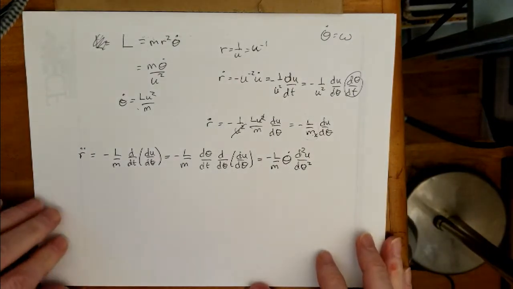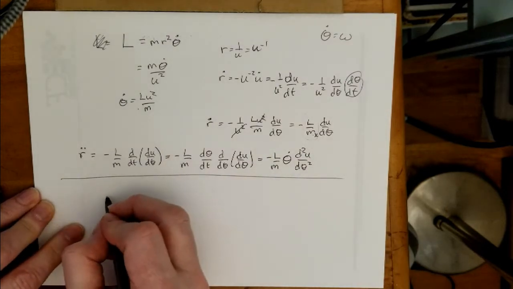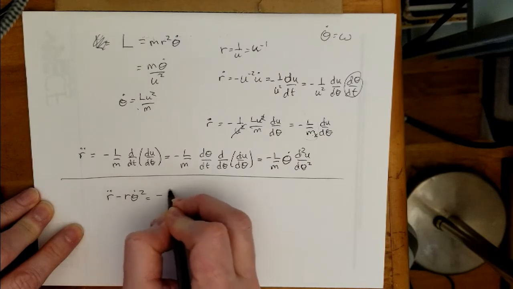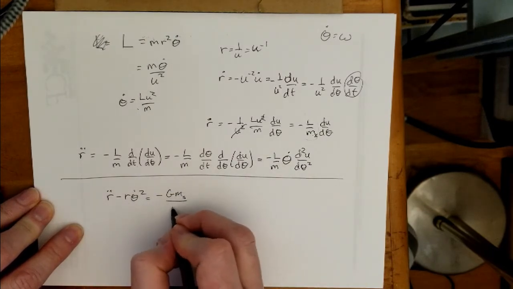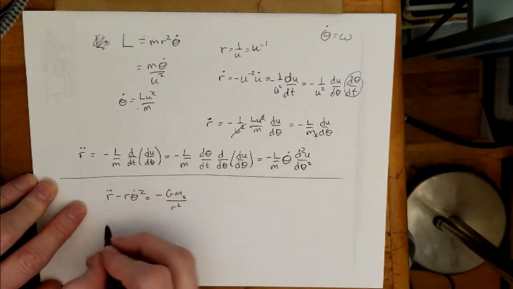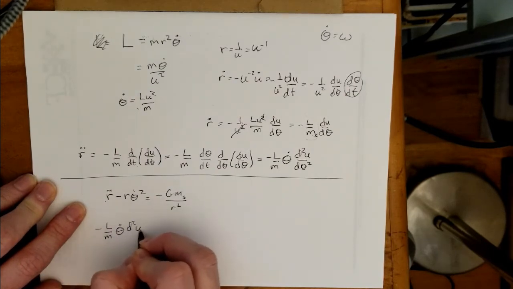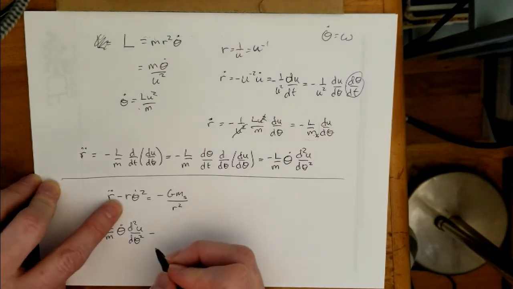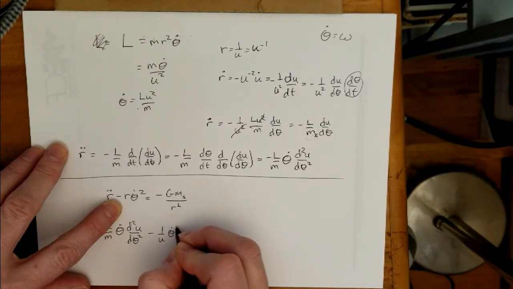So now, let's go back to the equation of motion. We have r double dot minus r theta dot squared equals negative G times the mass of the central body, the sun in the case that we're talking about here since we're dealing with Kepler, over r squared. For r double dot, we have an equation right there. This is negative L over m theta dot times the second derivative of u with respect to theta, minus r, which is 1 over u, times theta dot squared.